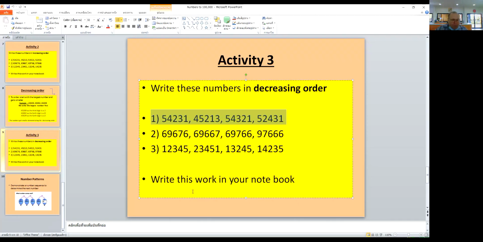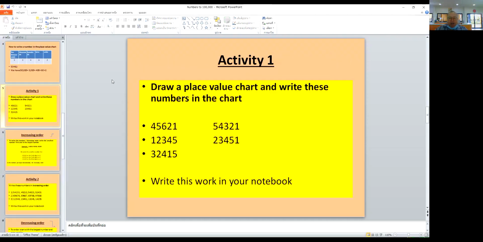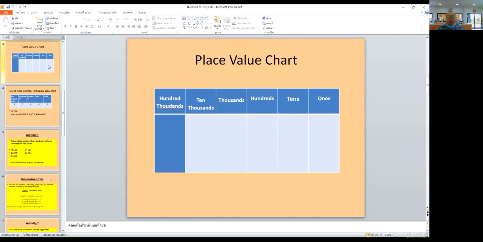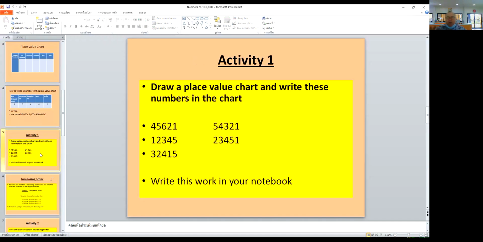So let's go back to your activity number 1. And you can get your notebooks out and look at these numbers. Remember, you're drawing a place value chart. And in this place value chart, our numbers are only 5 digits.